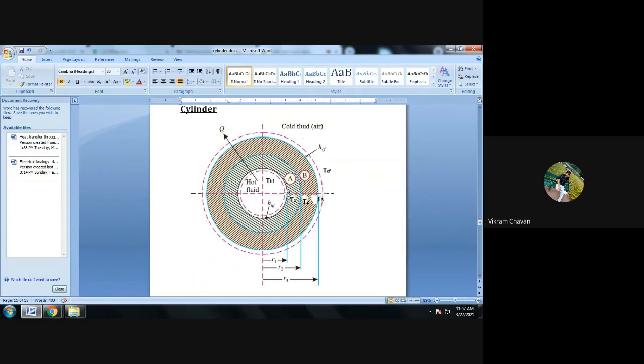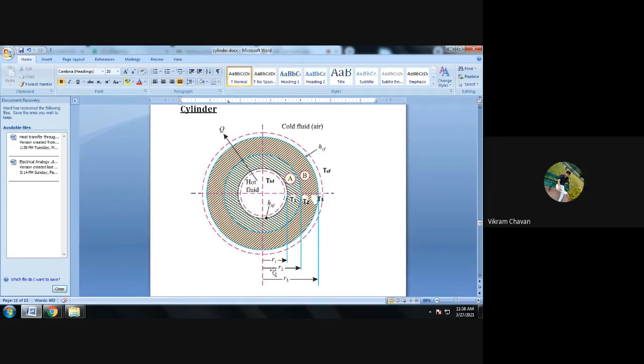Then heat will transfer within the thickness of A cylinder, from internal surface to external surface, by conduction. Then heat will transfer within the thickness of B cylinder, also by conduction. Then heat reaches the external surface of B cylinder and transfers to the external environment by convection.